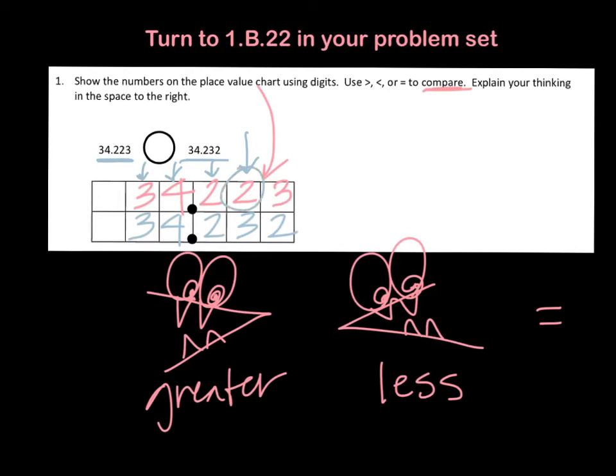Uh-oh. There's 2 hundredths in the first number and 3 hundredths in the second number. So that means, since 2 is less than 3, this would be less than. I would like you to pause the video now and try the next problem right below it.